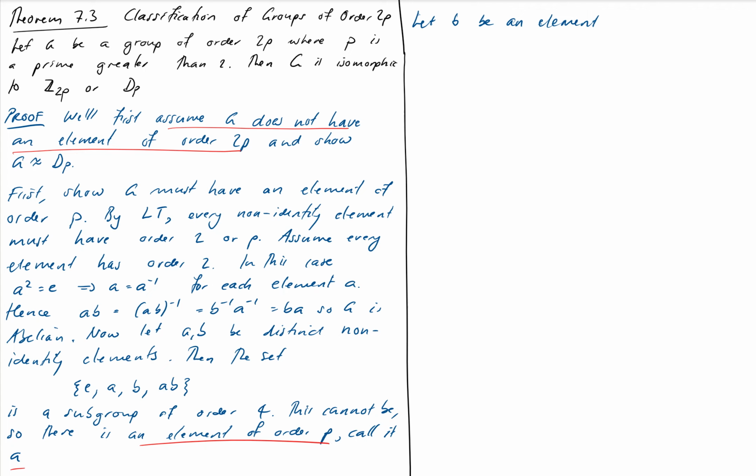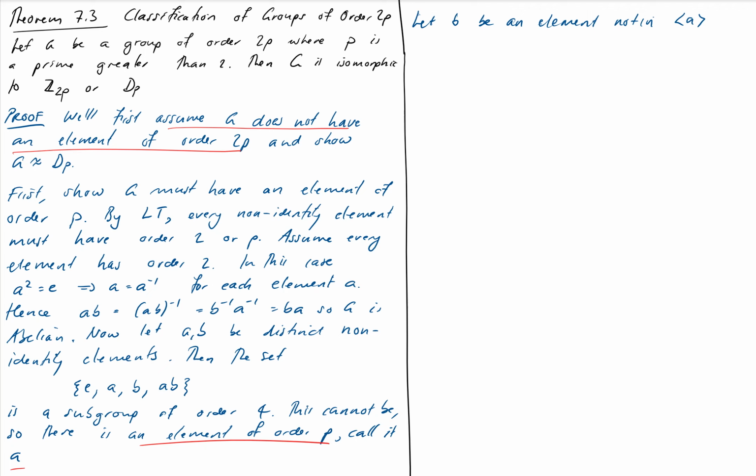And not only that, we'll make sure it's not in the cyclic subgroup generated by A. So let B be an element not in the cyclic subgroup generated by A. So basically we're trying to choose a reflection here. Remember, the cyclic subgroup generated by A is going to be the subgroup of rotations of our dihedral group eventually.